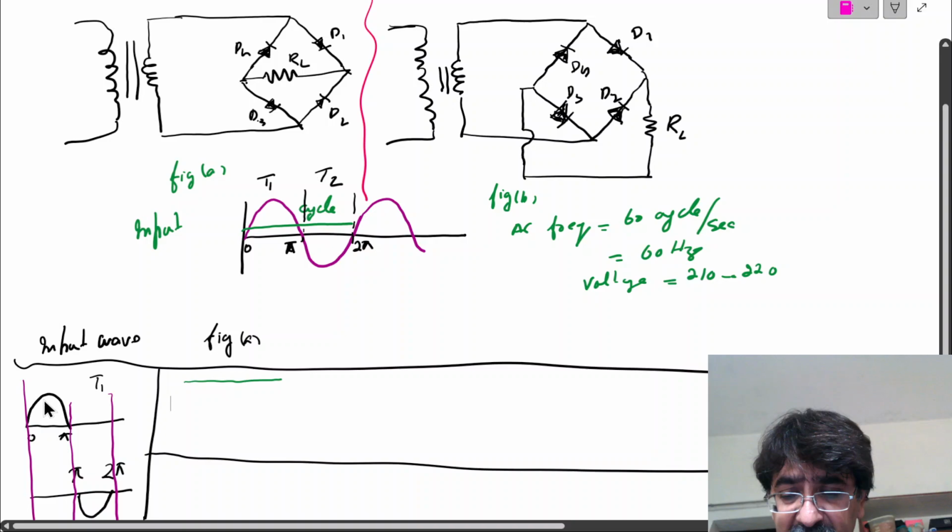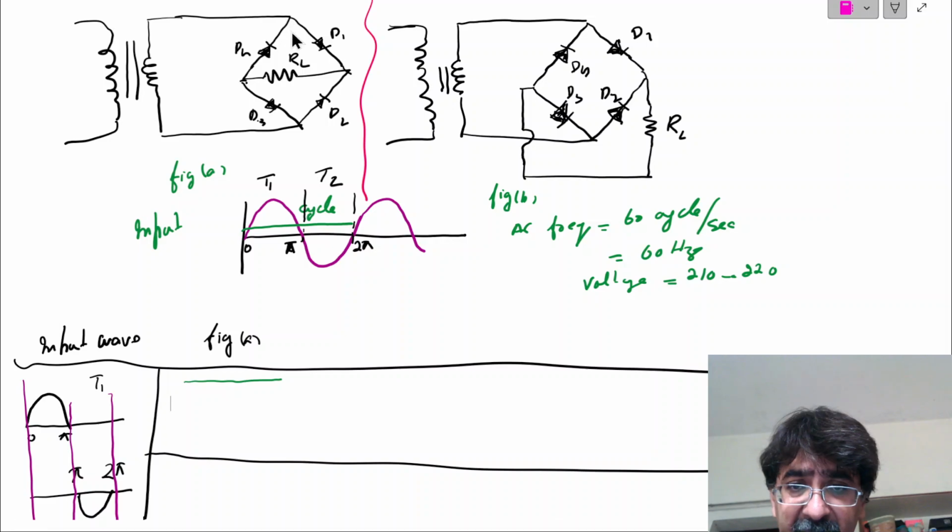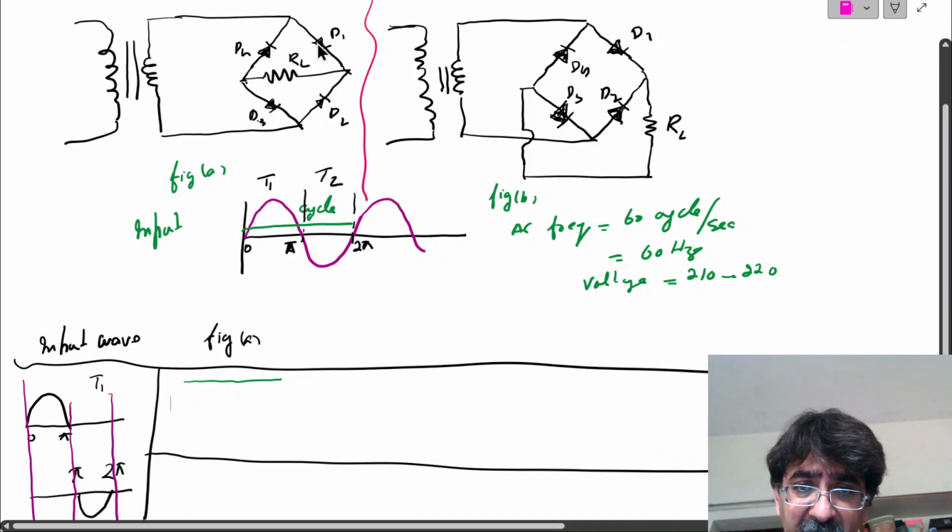So for T1, diode D1 will be forward biased because the input is positive. The P part of diode D1 will be positive and the end part less positive, so it will act as a short circuit. But for D2 the N part will be positive and the P part negative.